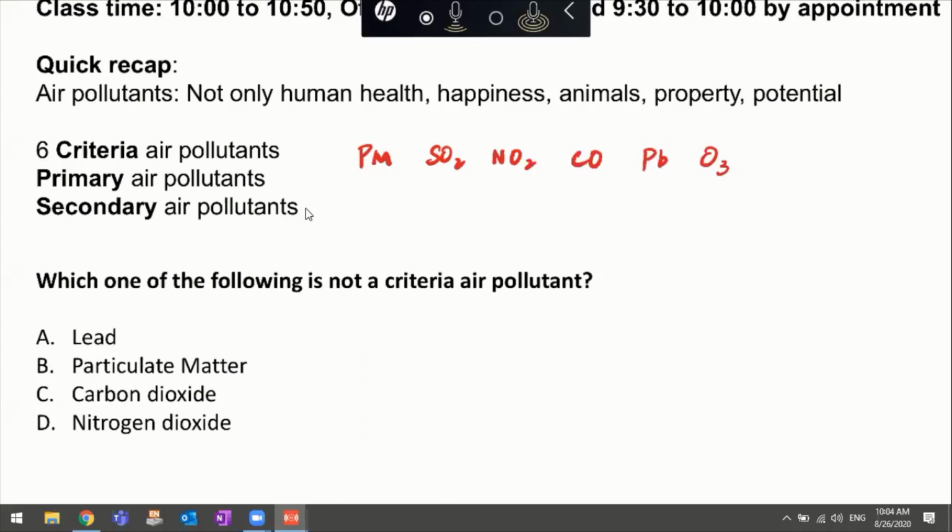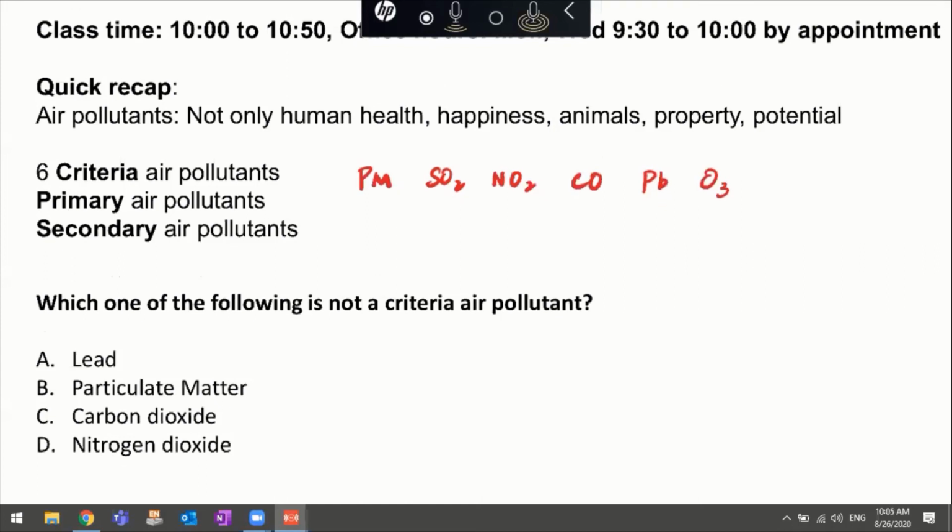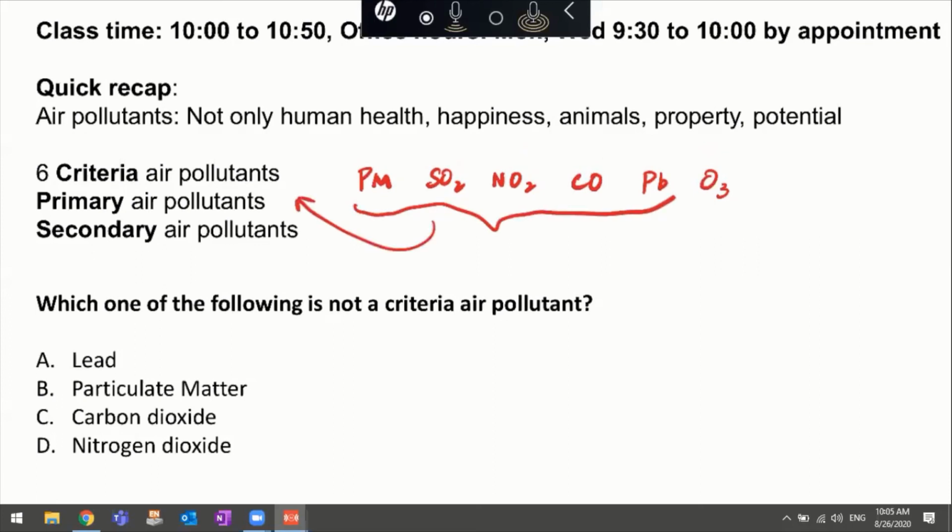We'll also introduce that even among these 6 criteria air pollutants, we can categorize them into primary air pollutants and secondary air pollutants. Primary air pollutant just means that they're emitted directly from, for example, the combustion process or from human activities, right? So the first 5 are the primary air pollutants. They're formed directly.